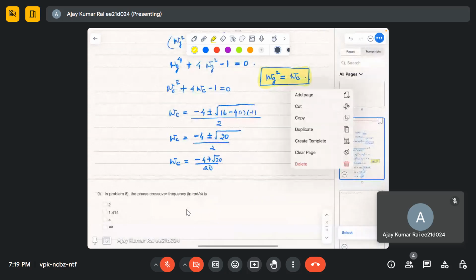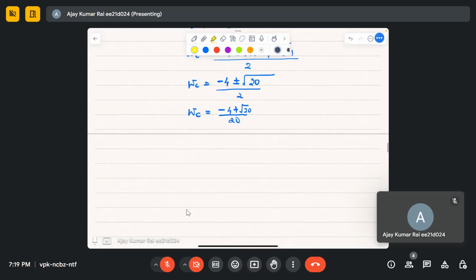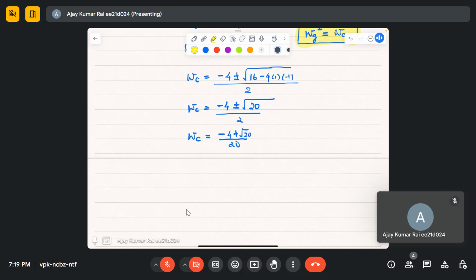Okay, and to find out what is the value of omega c now, let's find out.